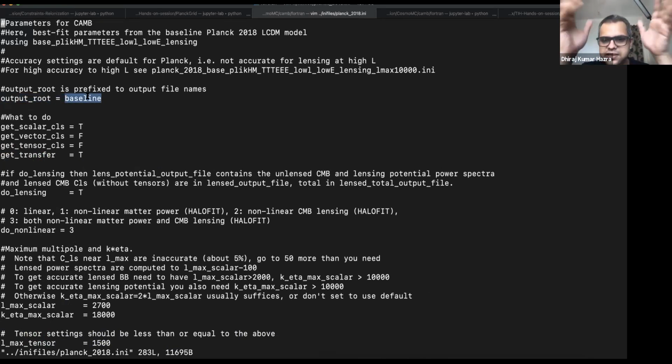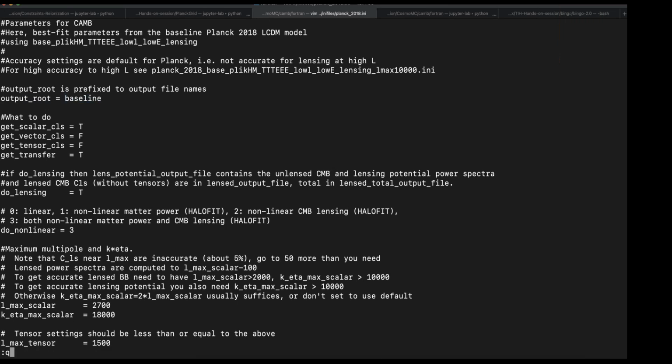Baseline means simple lambda CDM with power law primordial power spectrum model of the universe, with certain other assumptions on neutrinos, degenerate species of neutrinos, etc. But for our purpose, assume that this is the baseline lambda CDM plus primordial power spectrum assumed as power law. So just write it as baseline.